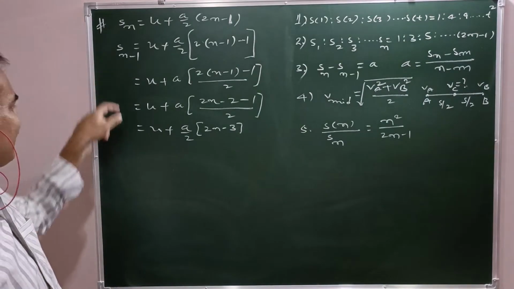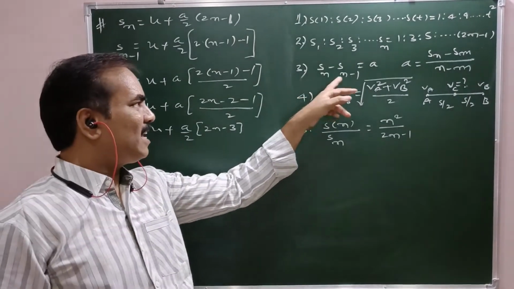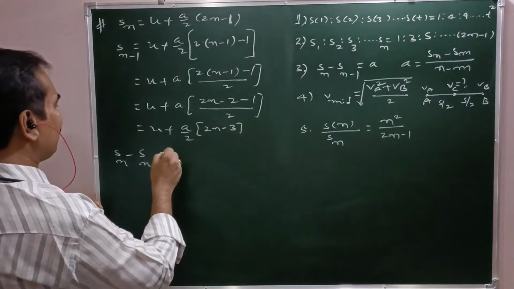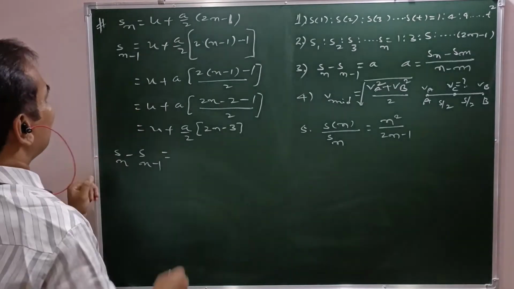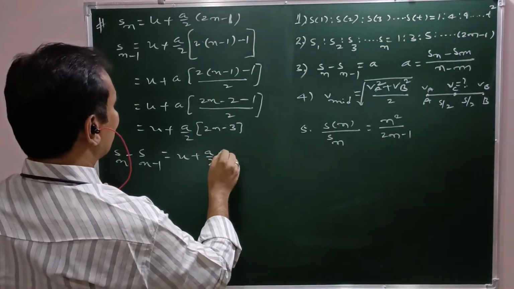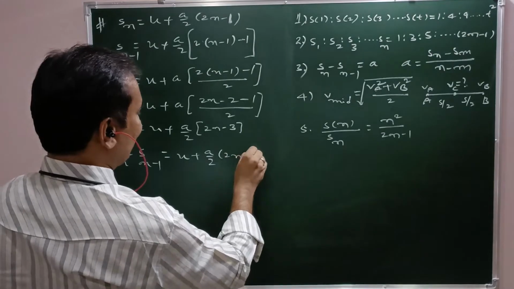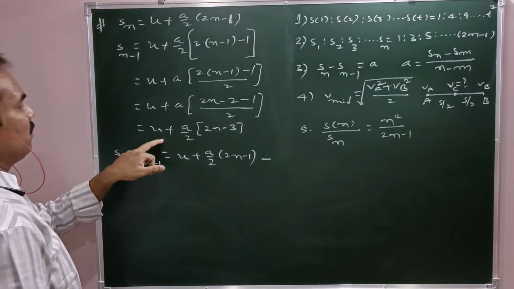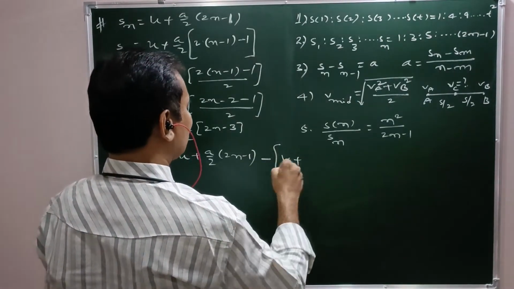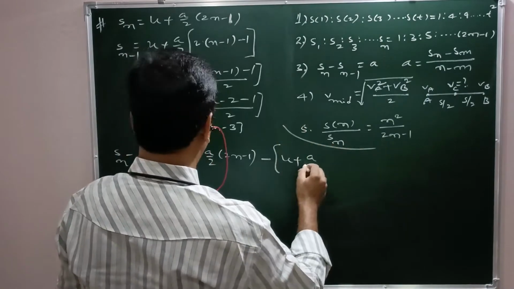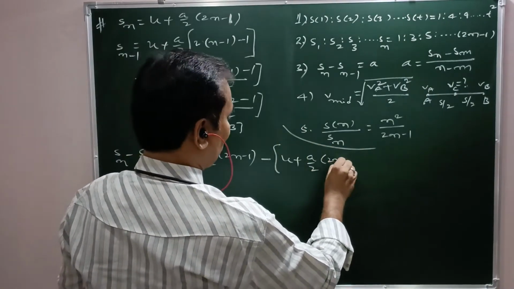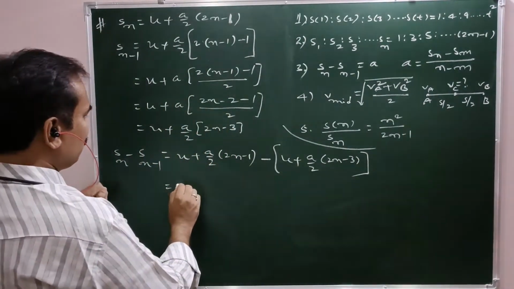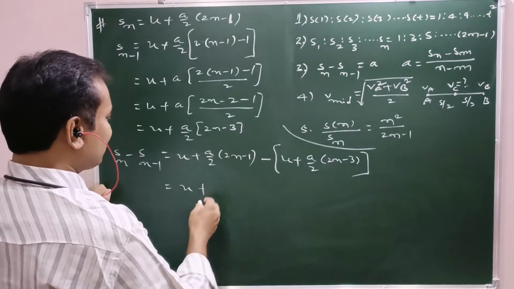So we have Sn and Sn minus 1. Now take the difference, Sn minus Sn minus 1. What is Sn? This is Sn, that is u plus a by 2 into 2n minus 1, minus Sn minus 1, that is u plus a by 2 into 2n minus 3.